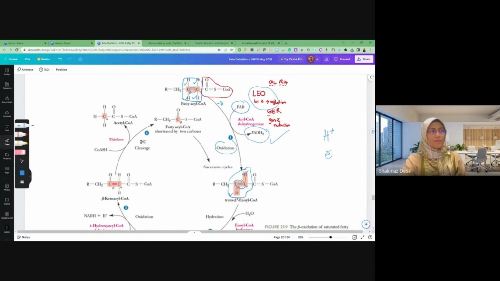Shall we repeat? So we have fatty acyl CoA. We go through oxidation. This is where there is loss of hydrogen as well as loss of electron. When you lose the hydrogen ion and the electron, who is going to accept that?